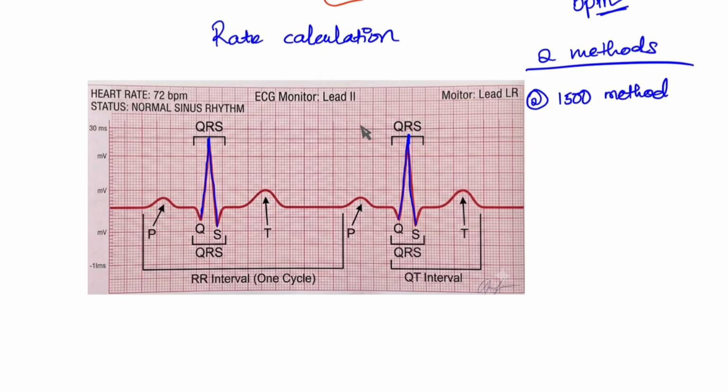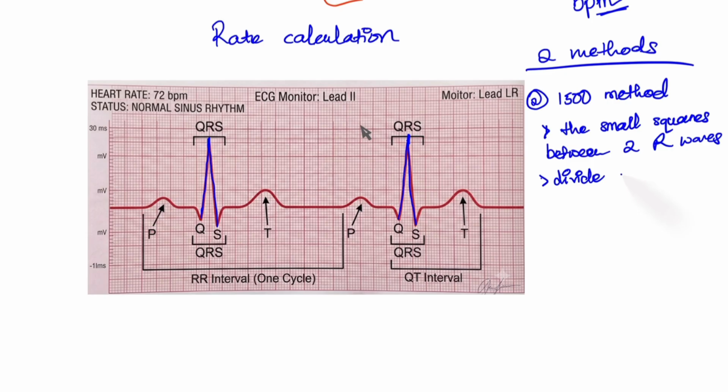This method is more accurate and is also used for regular rhythms. What we're supposed to do here is first count the small squares between two consecutive R waves, and then divide 1500 by that number.